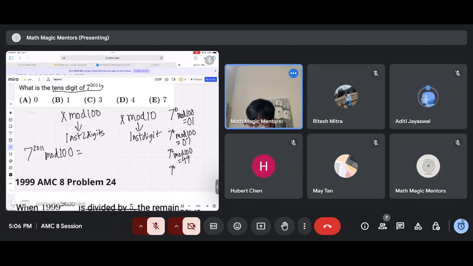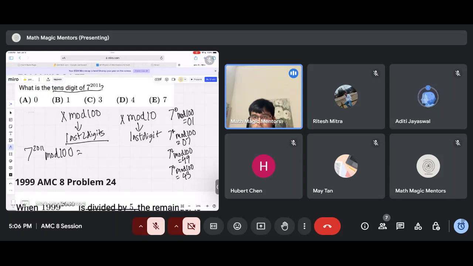And 7 cubed mod 100 usually needs some mental math, but I'll save you all that time here. It's 343, so the mod 100 involves taking the last two digits, which is 43.